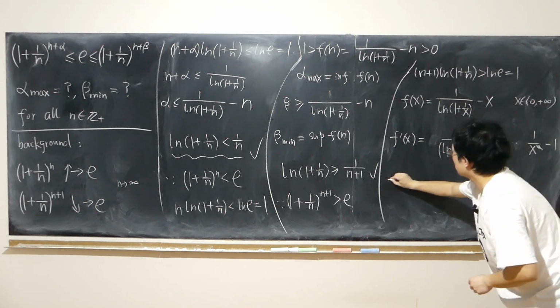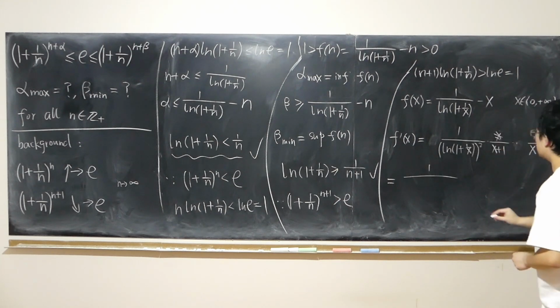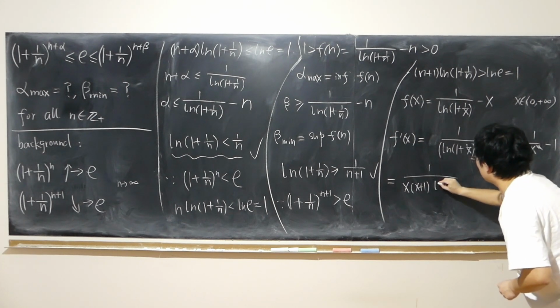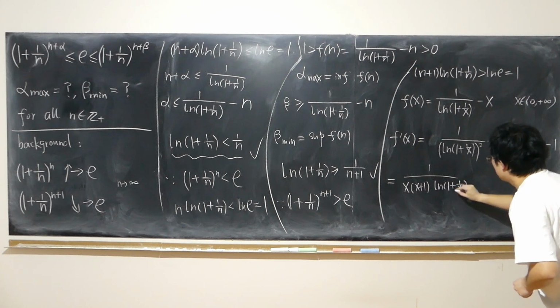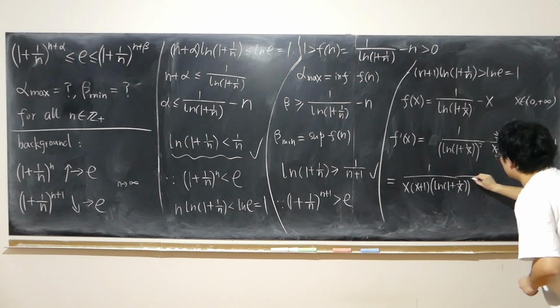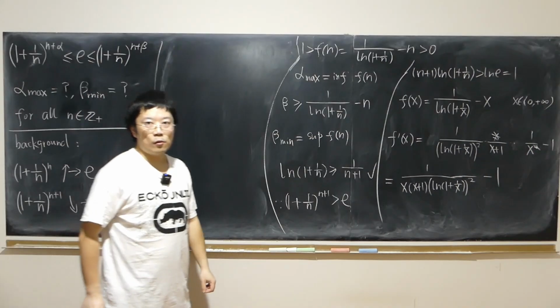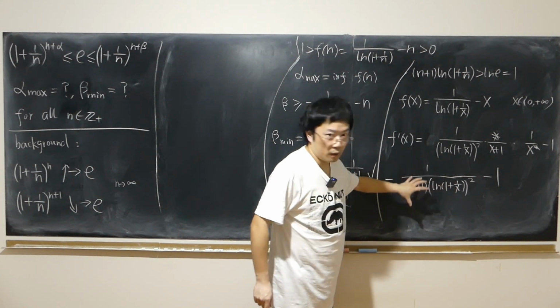So the derivative becomes, let me just write it neatly, 1 over x times x plus 1 times log of 1 plus 1 over x quantity to the power of 2, minus 1. So now we found the derivative of this function. Of course it's a complicated one.